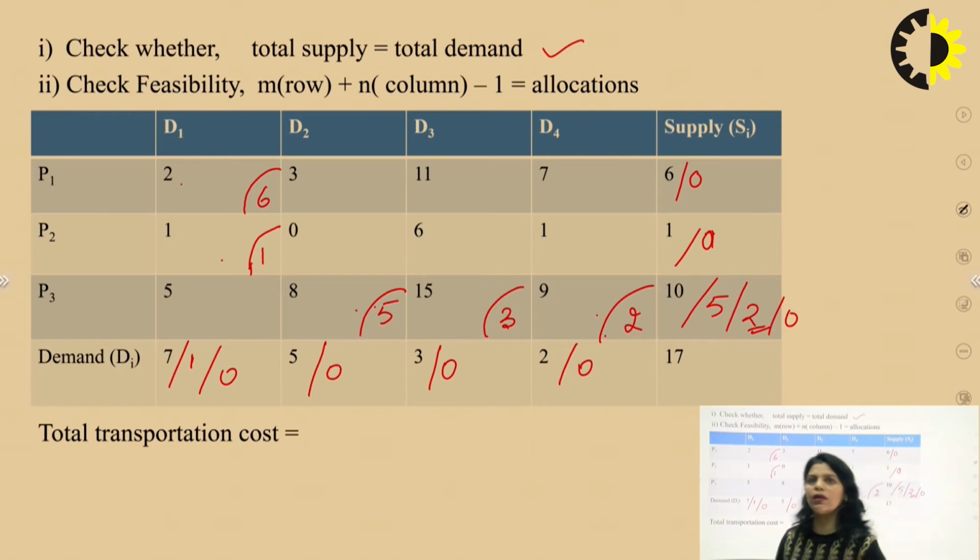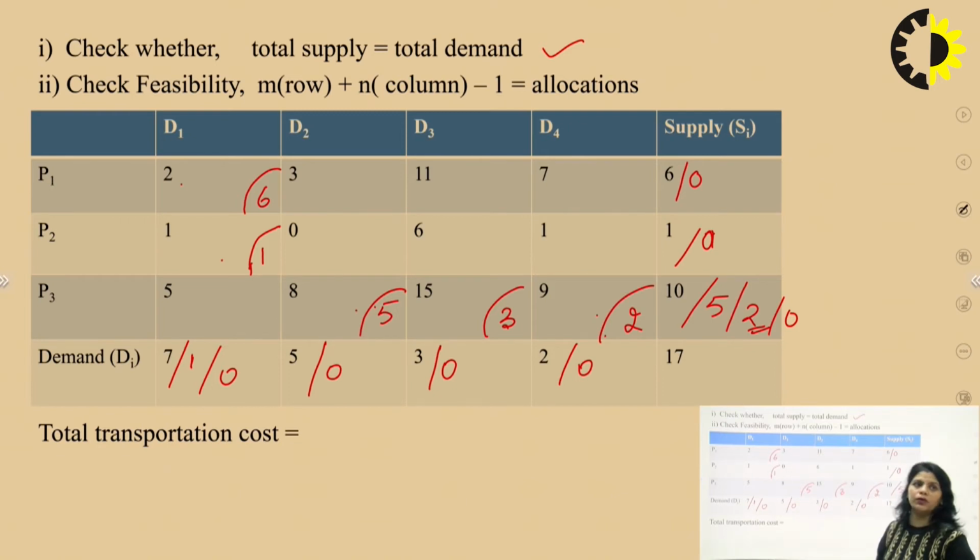So in this way we can find out the allocation and we can satisfy the demands. So if we want to find out the transportation cost, what we will do, we will multiply the cost with the satisfied demand.